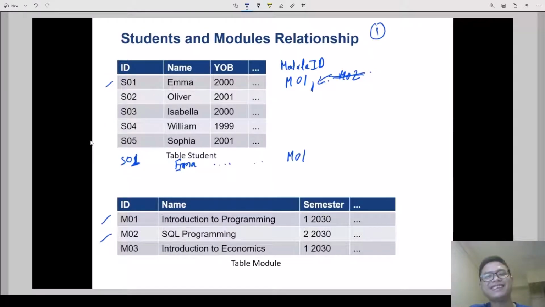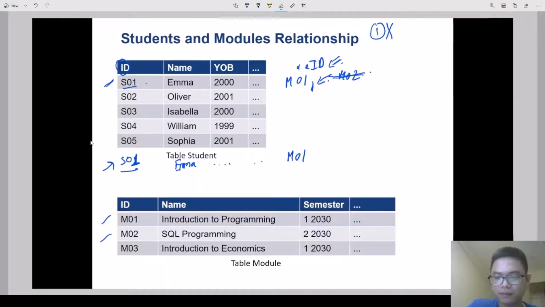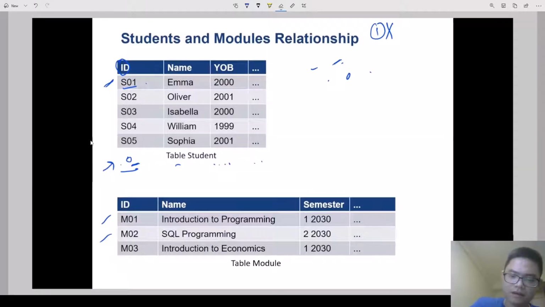We cannot, because this is ID, and ID has to be unique. Here we have S01 already. We cannot put S01 in here anymore. So the first option is wrong. The first option, putting module IDs inside the table student, is wrong. So this one is not a solution.